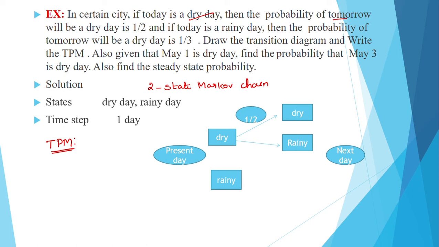And the dry day to rainy day is the complement of the previous. So we can say the probability of dry day to rainy day is 1 minus 1 by 2, that is also 1 by 2. Then if the present day is rainy, there are two possibilities for the weather condition of the next day, either a dry day or rainy weather.